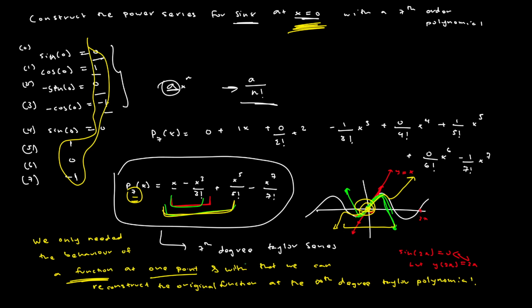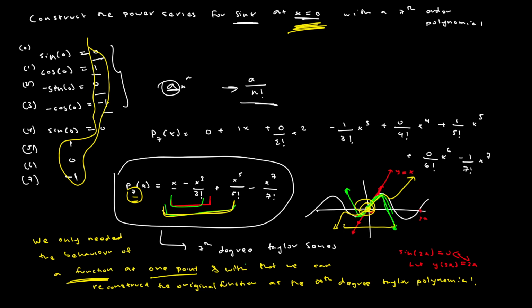So I hope you understand how the Taylor series allows us to re-represent a complex function as a summation of increasing degrees of polynomials. As we increase the degree of the polynomial, we're better able to estimate the original function at a wider interval around whatever center we chose.